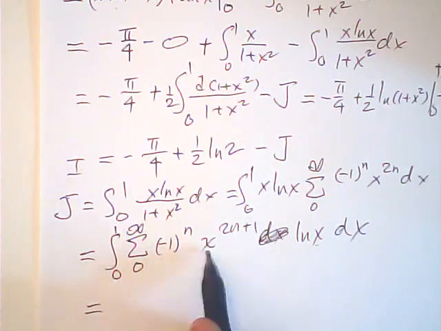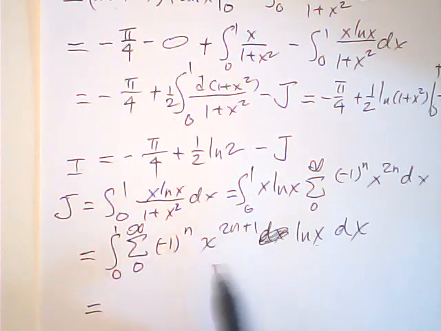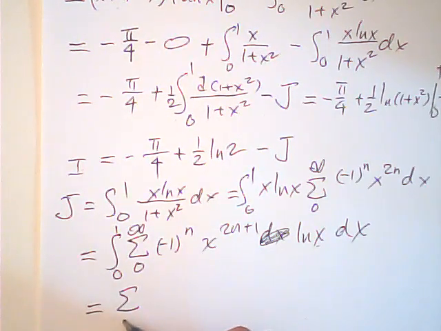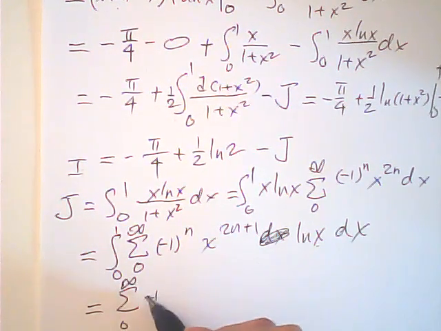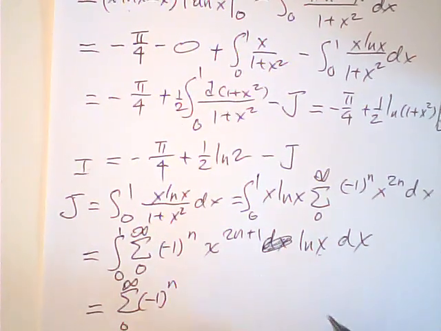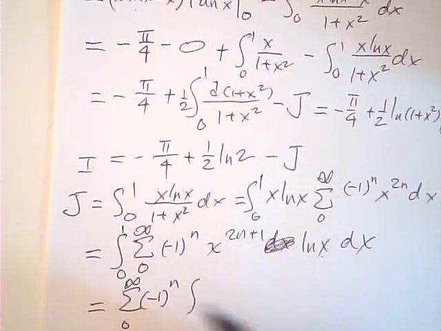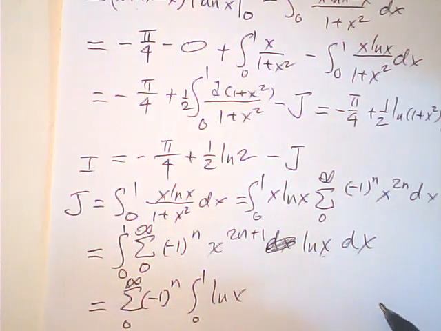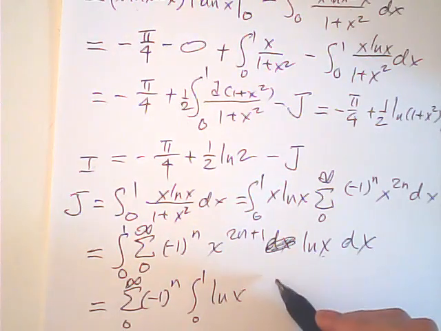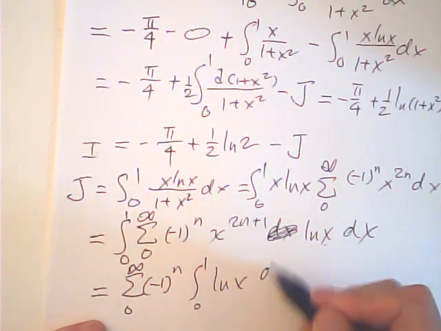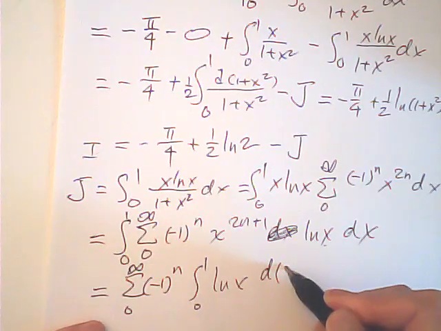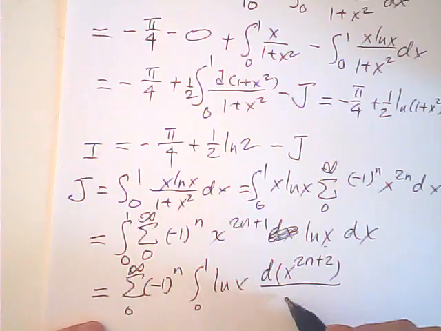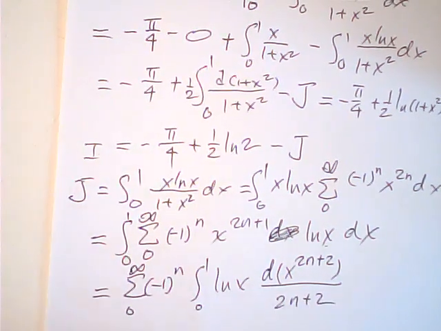Because this is convergent and finite, I can switch the sum, from 0 to infinity, minus 1 to the n, and the integral of log x, and this I can write as a d of x to the 2n plus 2 divided by 2n plus 2.